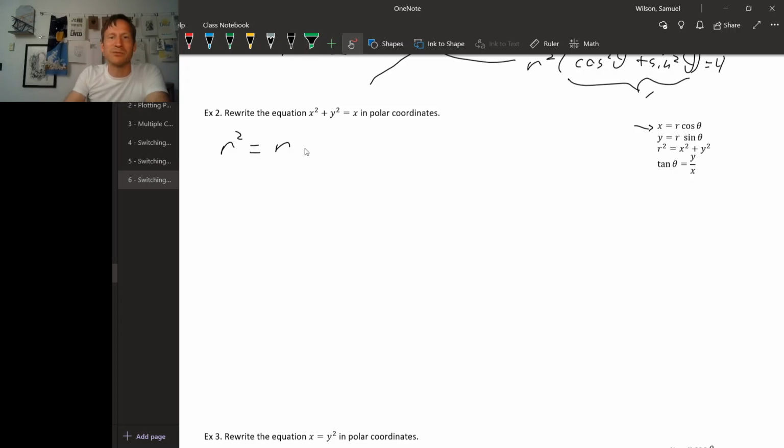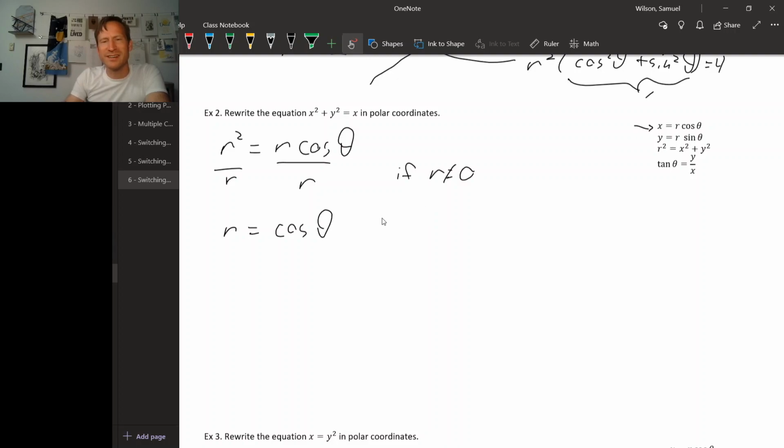So we can replace this with r cosine theta. And then as long as r isn't 0, we could divide both sides by r. So this is if r isn't 0. And you get r equals cosine theta.